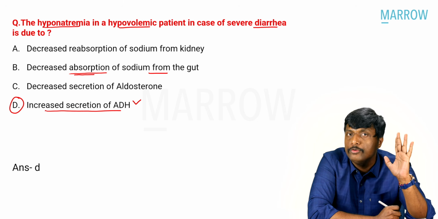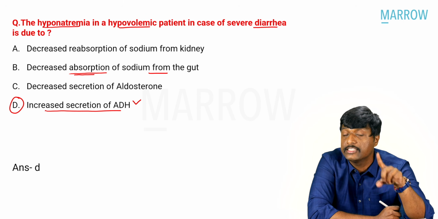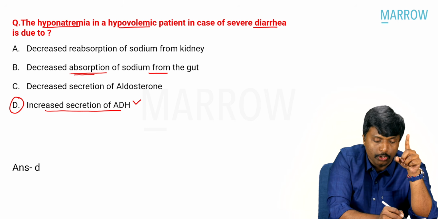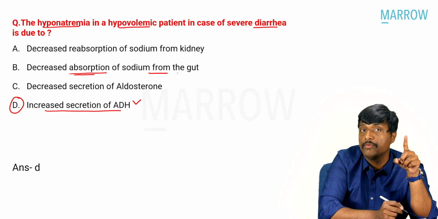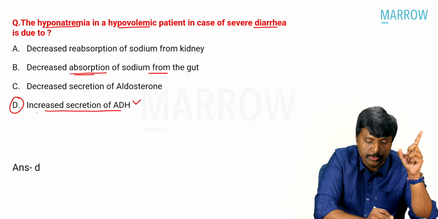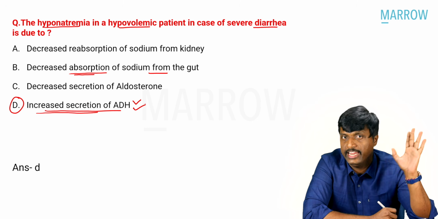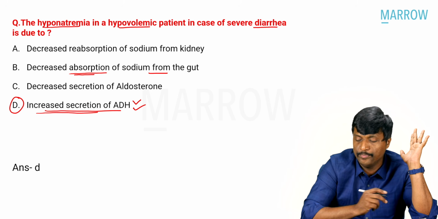On the other hand, few students told there was decrease in ADH. If there was decrease in ADH, then you have to choose option B, decreased absorption of sodium from the gut. That becomes the answer. But majority told the option was increased ADH. So we are choosing increased secretion of ADH as the answer here.